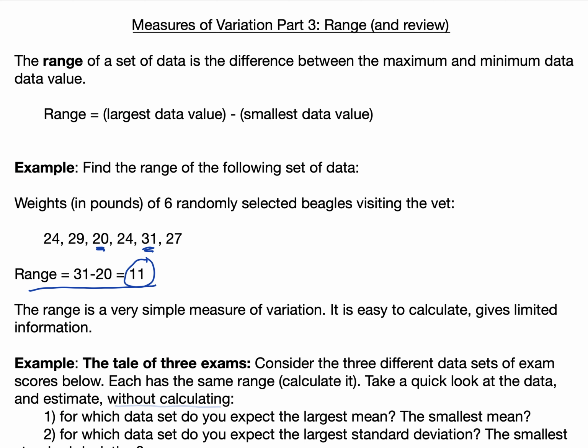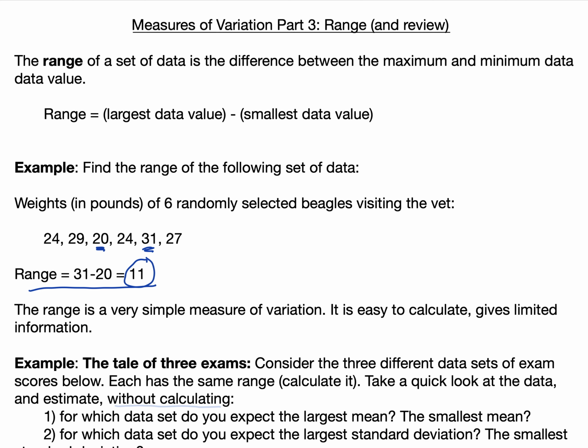One place where it might be useful: if I give an exam and I tell you that the range is 84% out of 100%, you'd say, wow, there's a lot of variation in those exams. Some people did really well and some people did really badly. Whereas if I tell you that the range was 8%, you'd say, oh, everybody was pretty close together.